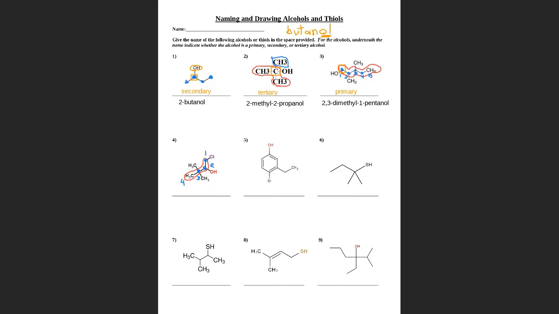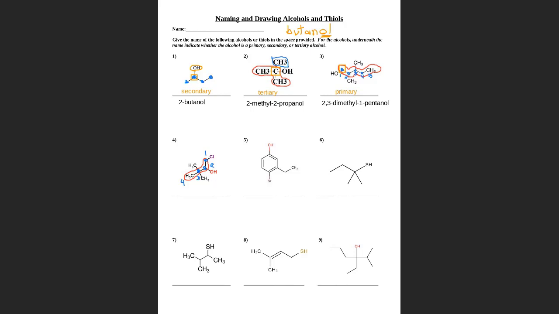Anybody else want to try to finish? Is it 1-chloro-3-dimethyl-2-butanol? Very close. The only thing you are missing is the extra 3, because you have to give a number to each methyl group.